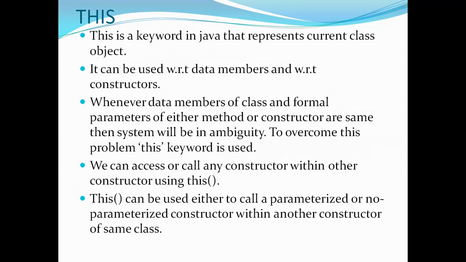With respect to constructors, we can call any constructor within another constructor using the this keyword. So this can be used to call a parameterized constructor within another constructor of the same class.